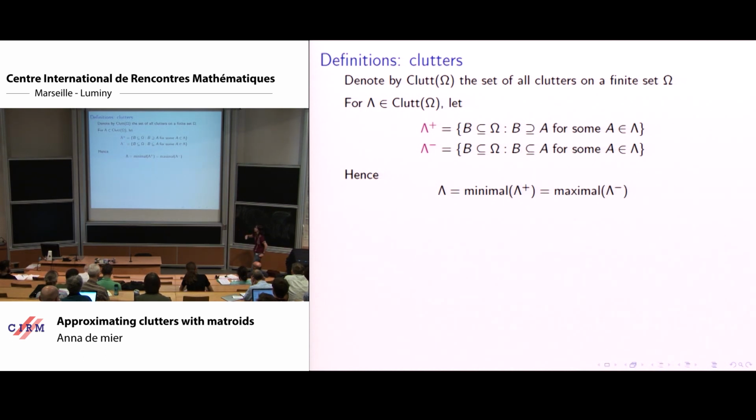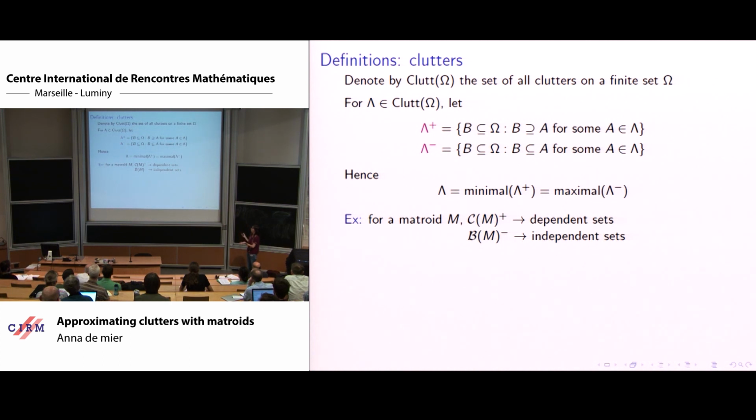And lambda minus is the descending family: all sets that are contained in at least one element of the clutter. So the clutter is the minimal elements of the plus and the maximal elements of the minus. For instance, in matroids, circuits plus is all sets that contain a circuit, so all the dependent sets. Bases minus would be all sets that are included in a basis, which are the independent sets.